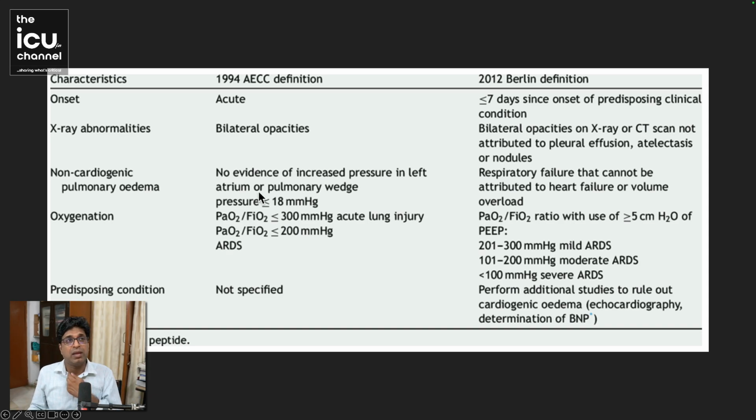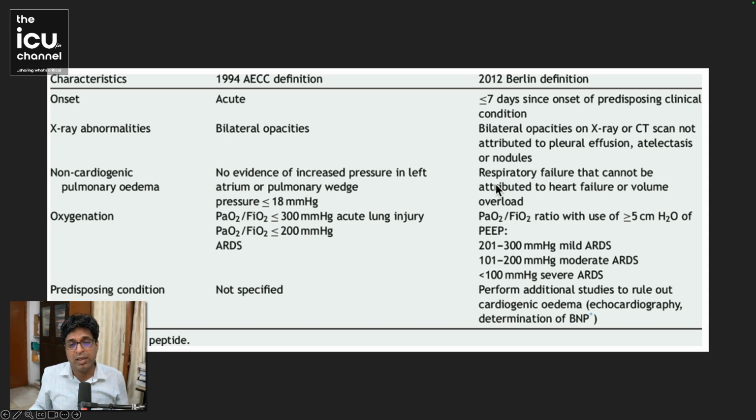The PAC, the Swan-Ganz catheter, was very much used. So in that, if the pulmonary artery wedge pressure is less than 18, that means the left atrium or left ventricle is fine, and this edema is because of the pulmonary leakage. Now in 2012 they removed that, because the pulmonary artery catheter, or these catheters, were not in much use.